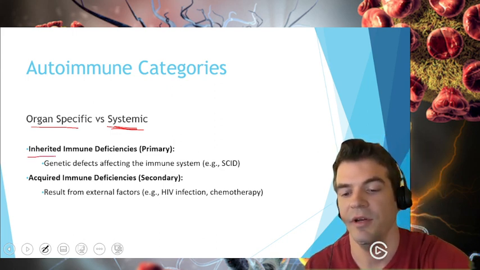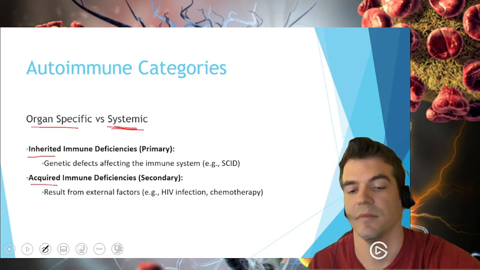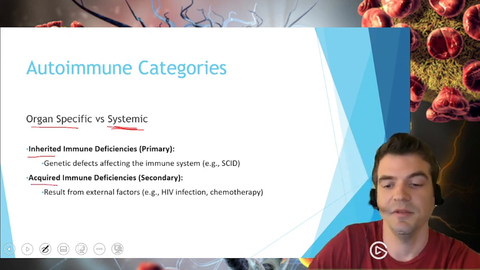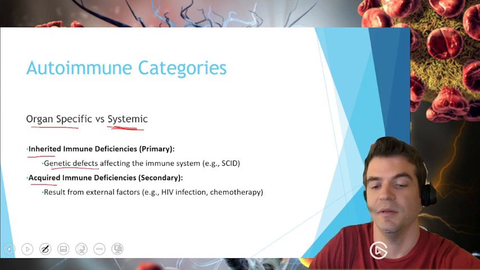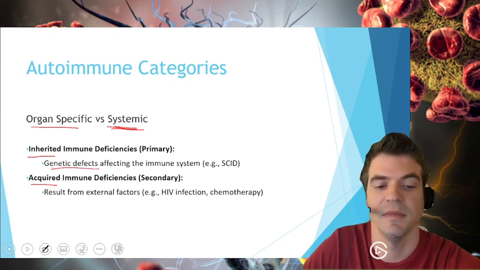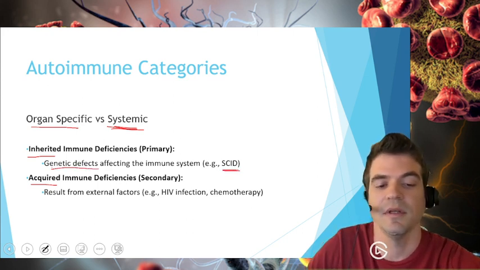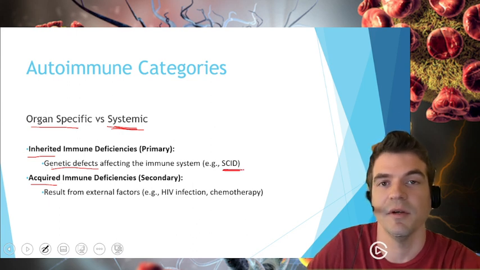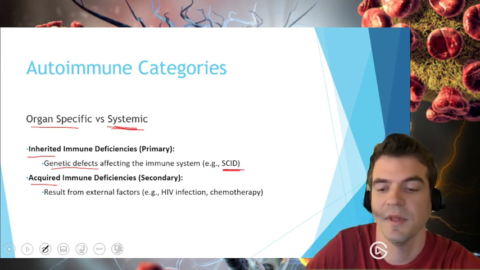And you can have inherited or acquired. Those make sense as well. If you inherit it, it's more likely a genetic defect, like we'll see with severe combined immunodeficiency disorder.